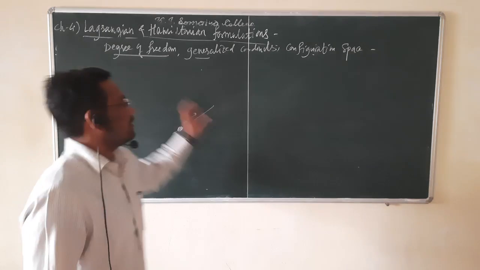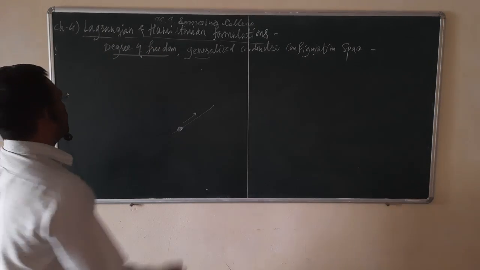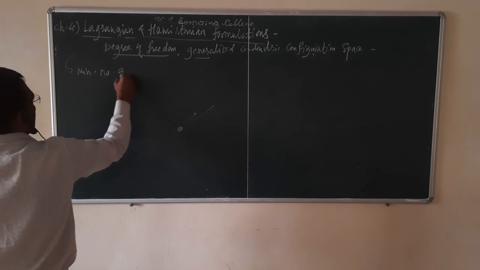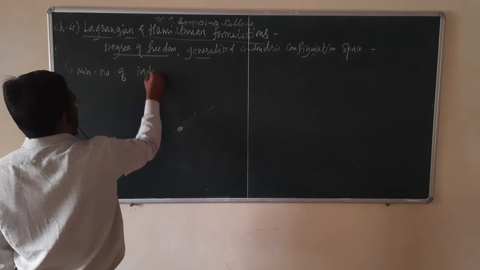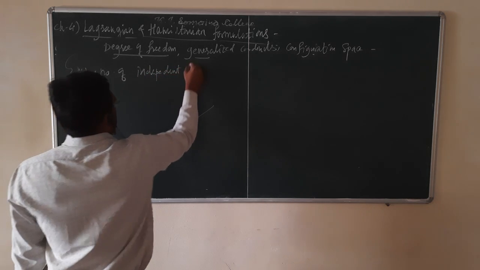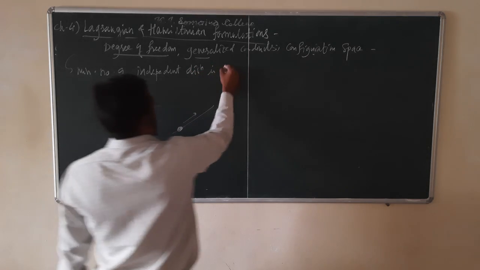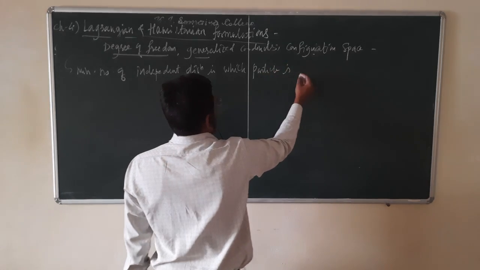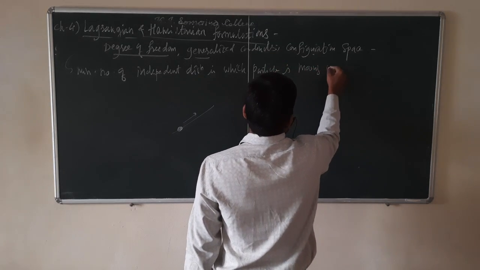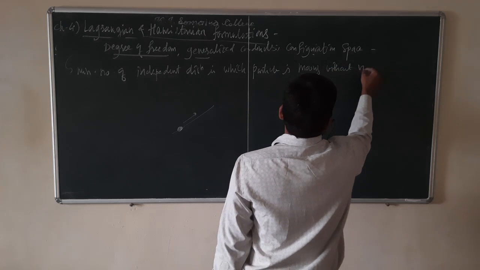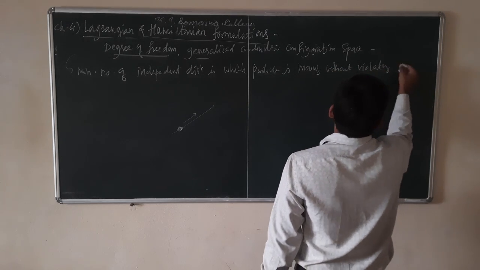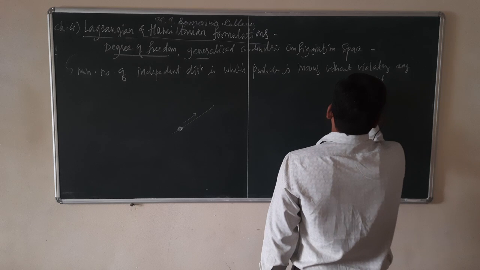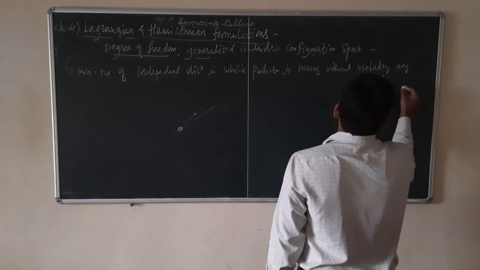So I will write it down so you will get a clear idea about degree of freedom. Degree of freedom is the minimum number of independent directions in which a particle is moving without violating any constraint imposed on it.